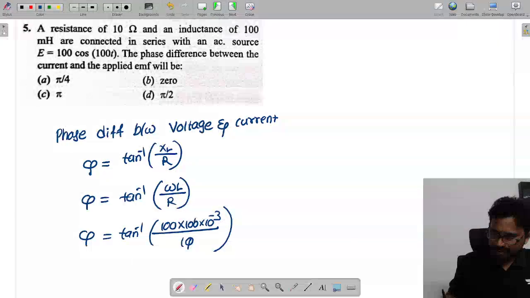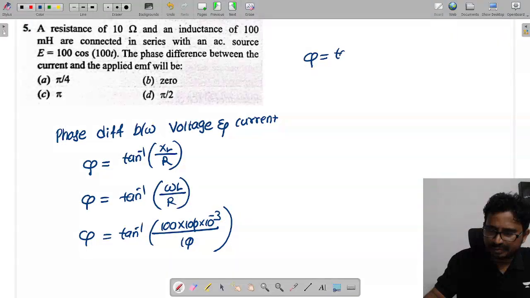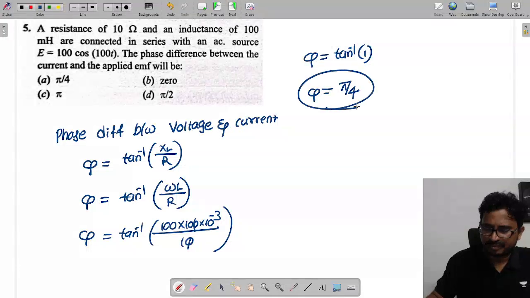So the zeros get cancelled, and phi is equal to tan inverse of 1. So phi is equal to pi by 4.